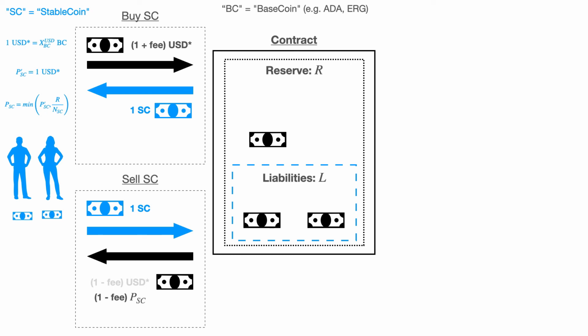Now, since every time users are interacting with the contract, they are paying some small fees to buy or sell stablecoins, and also because the price of the base coin may increase, you may end up having a surplus of reserves. This surplus of reserves we call equity. So the equity is the reserves minus the liabilities.